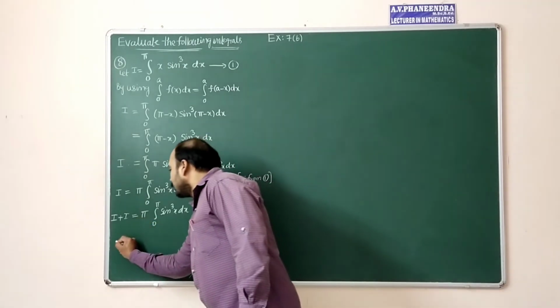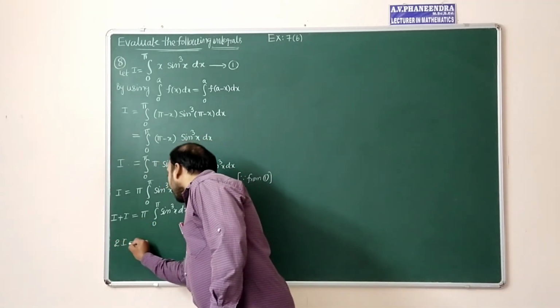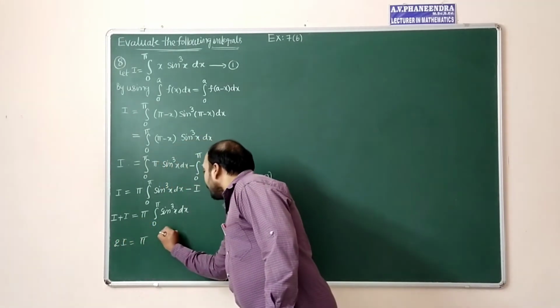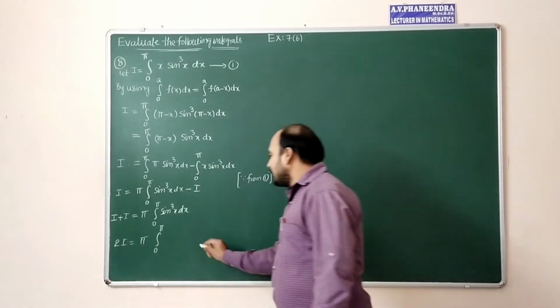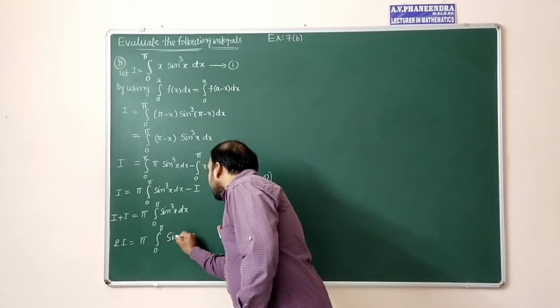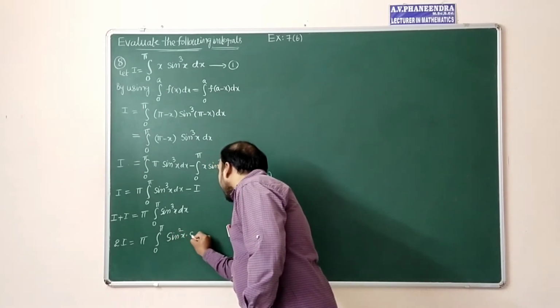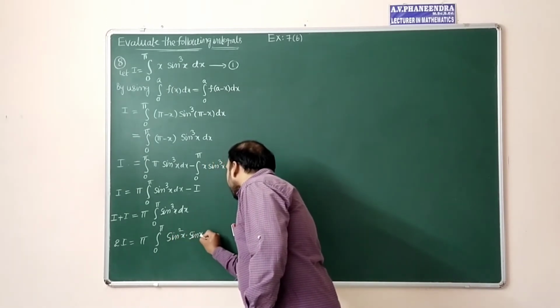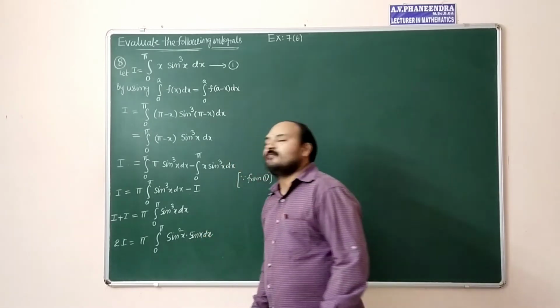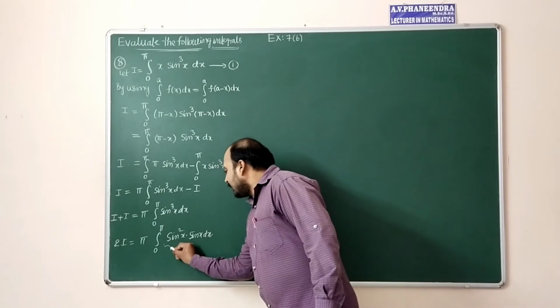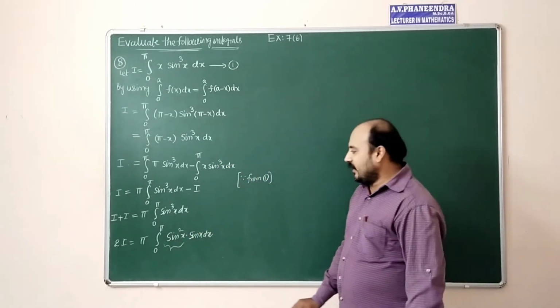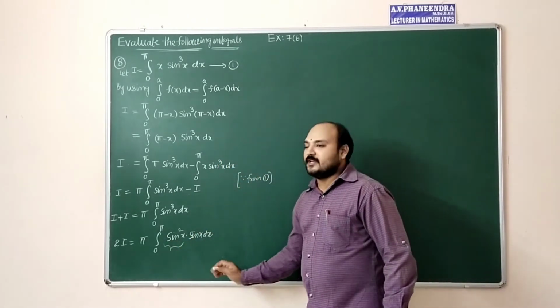I plus I is 2I, equal to pi into integral 0 to pi sine cube x, which can be written as sine square x into sine x into dx. After that, sine square x can be written as 1 minus cos square x. After that, split into two integrals.